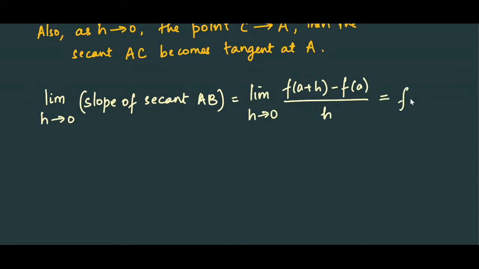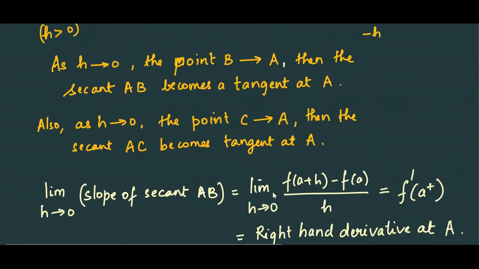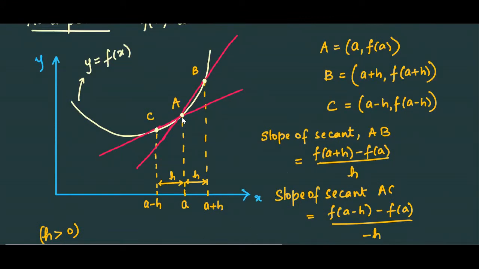This is written as f dash a plus, and this is called the right hand derivative at A. Okay, and it is equal to the slope of the tangent at A, considering the secant to the right of A. All right, the way I explain to the students is like this.